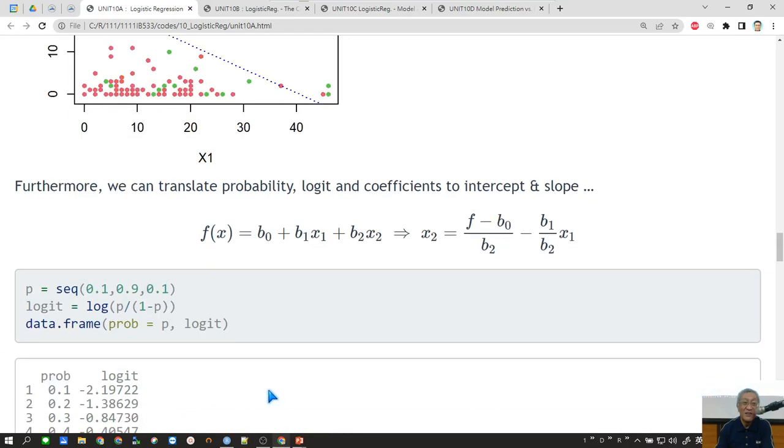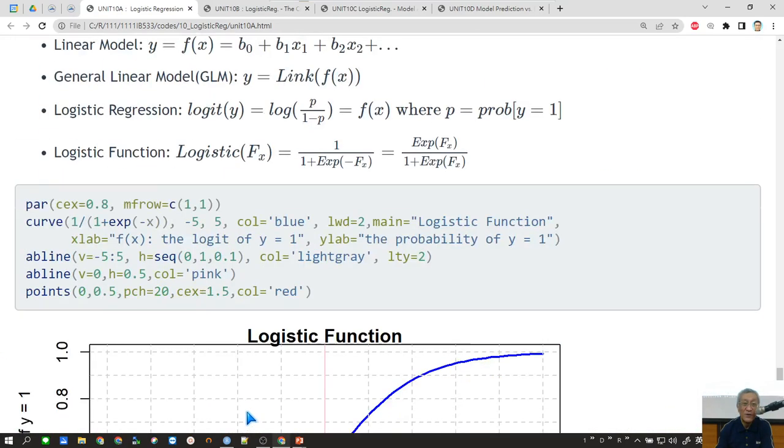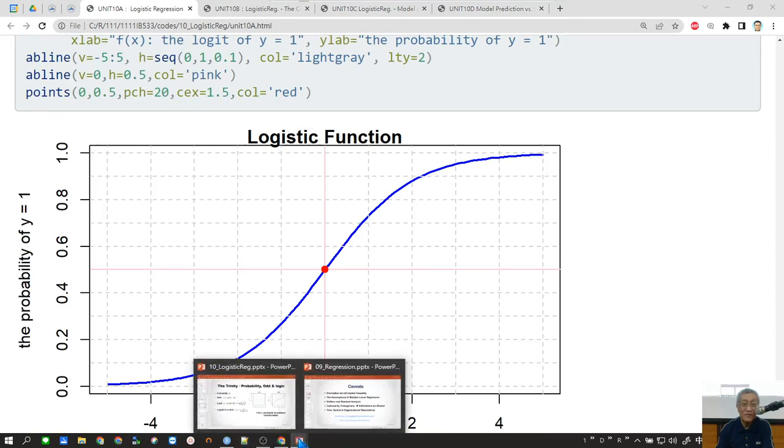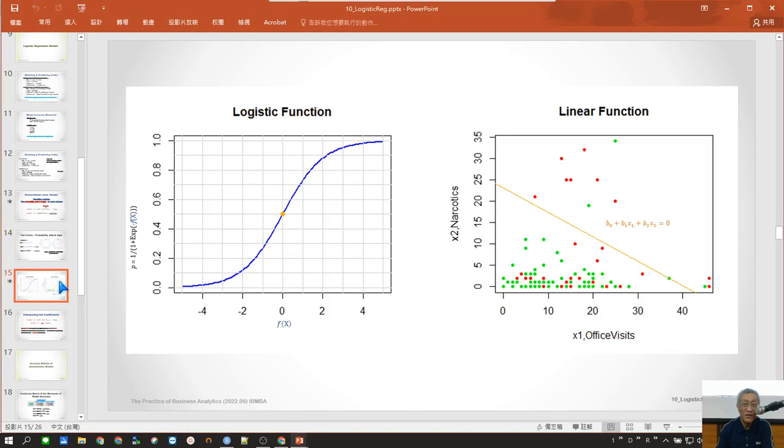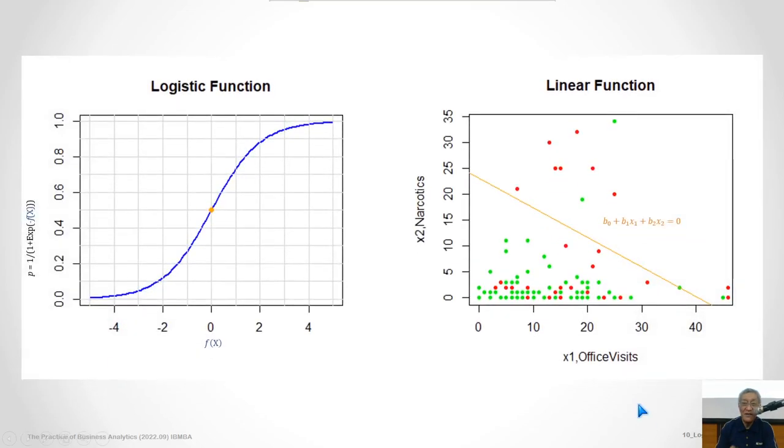So this line actually corresponds to this linear combination equal to 0. In the plane of x1 and x2, right? We draw the regression line, right? By setting the linear combination to 0, okay?